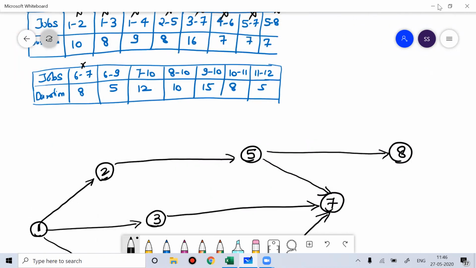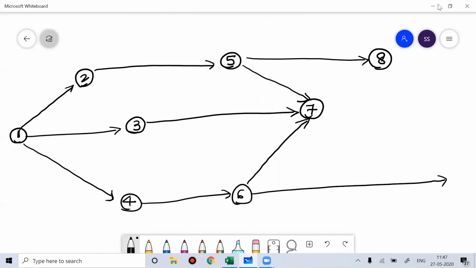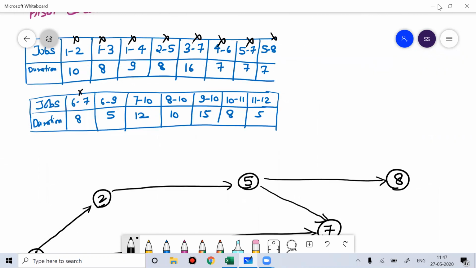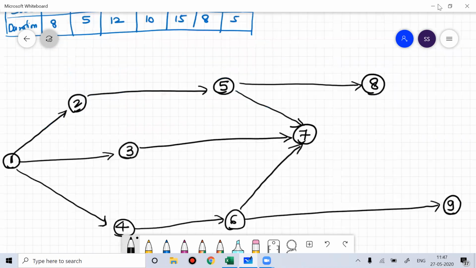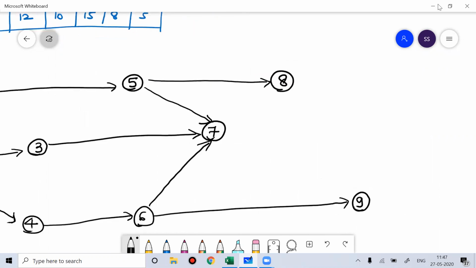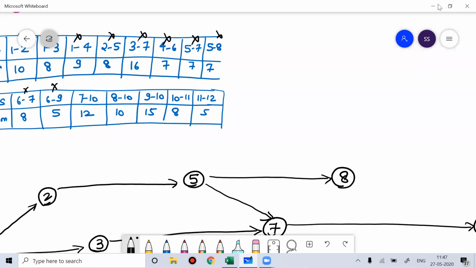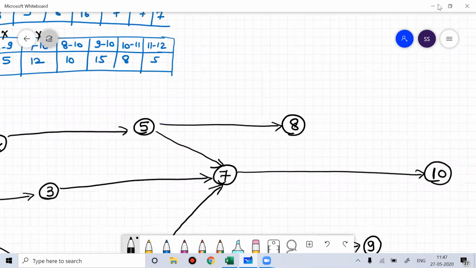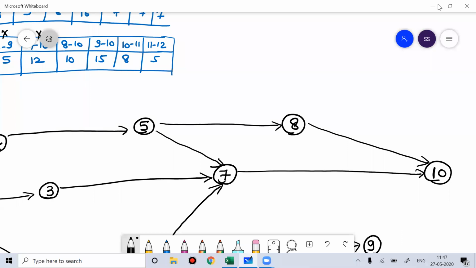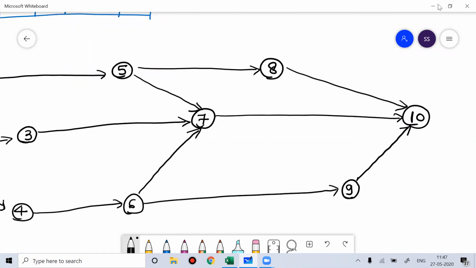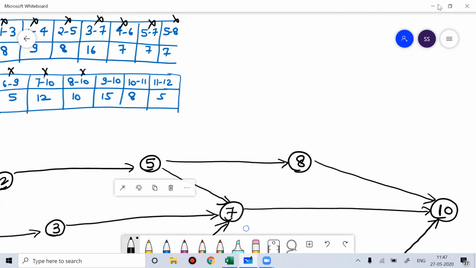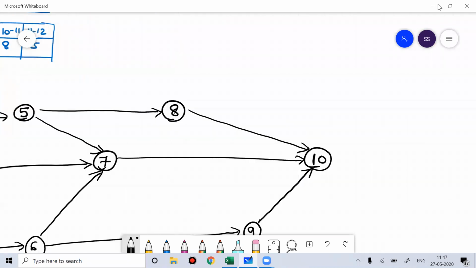Then 6 to 9, then 7 to 10, then 8 to 10, and then 9 to 10, then 10 to 11, and 11 to 12.